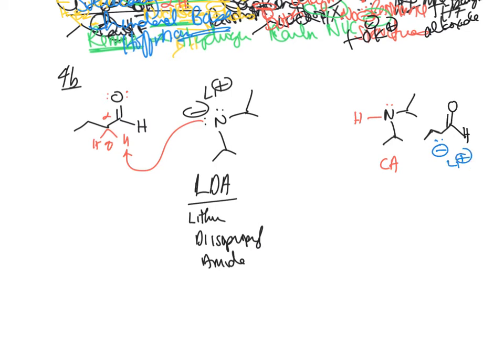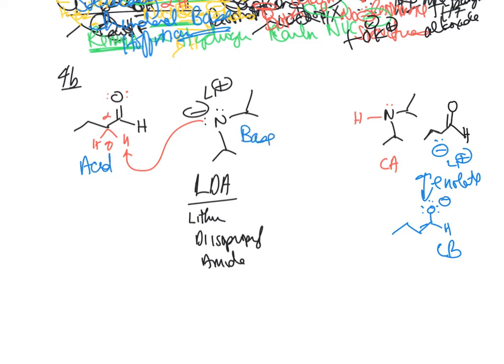The lithium would hang out there. So this is your enolate, which would be the resonance structure with this. Hopefully you're getting this in your notes. Here's your enolate, and that would be your conjugate base.